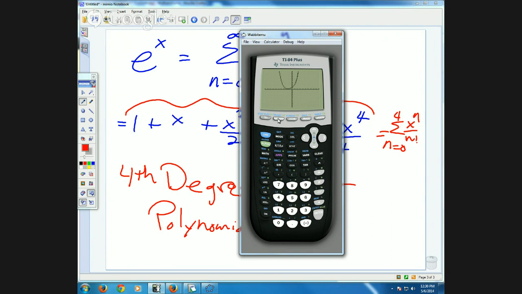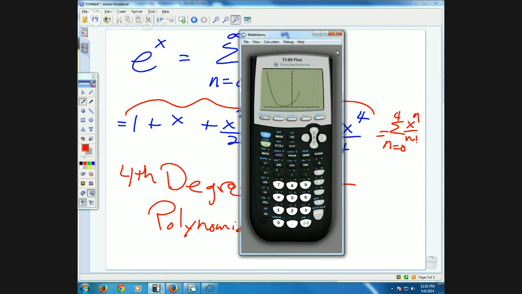I'll zoom in there to see it better. Window, let's go -5 to 5, and y from 0 to 10 is fine. I just redid it. So here I'm going from -5 to 5, 0 to 10.